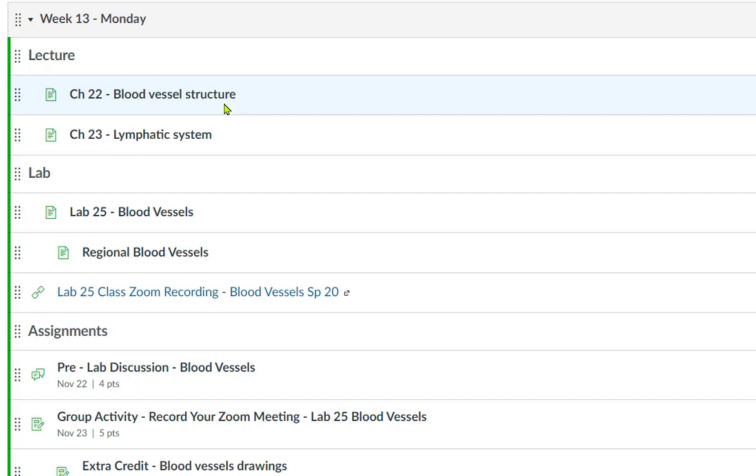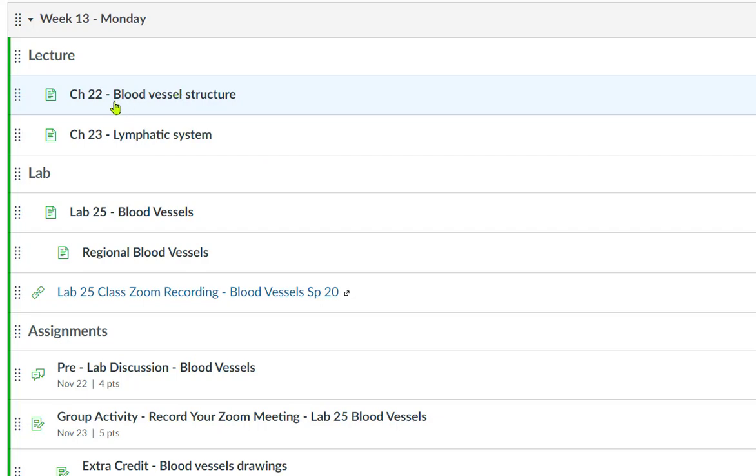Then we go over the details of each one of them, but generally it is mostly about the structure of a vessel as a tube and all those layers that they have. The distribution of the blood vessels throughout the body, and all the organs that are receiving the blood vessels, we are going over in the lab part, lab 24.